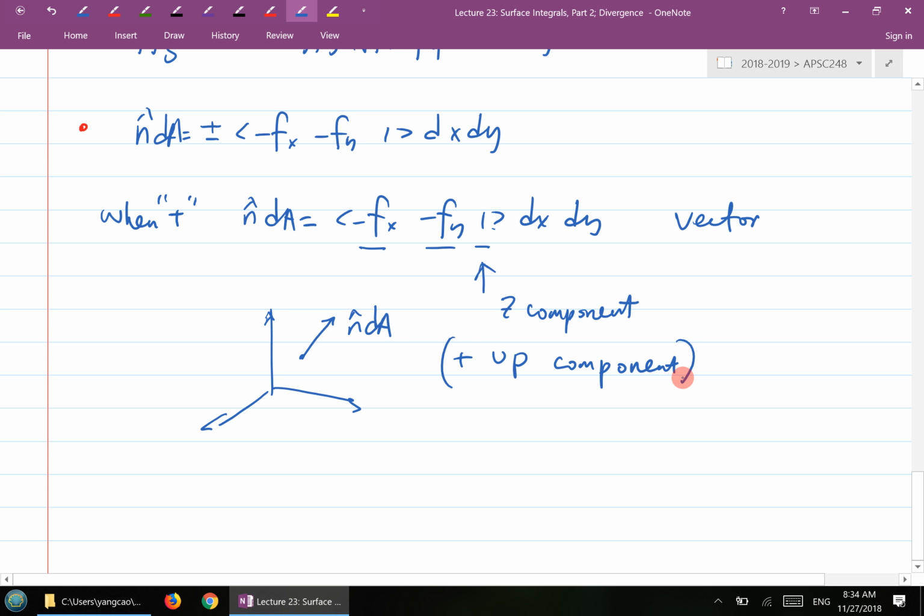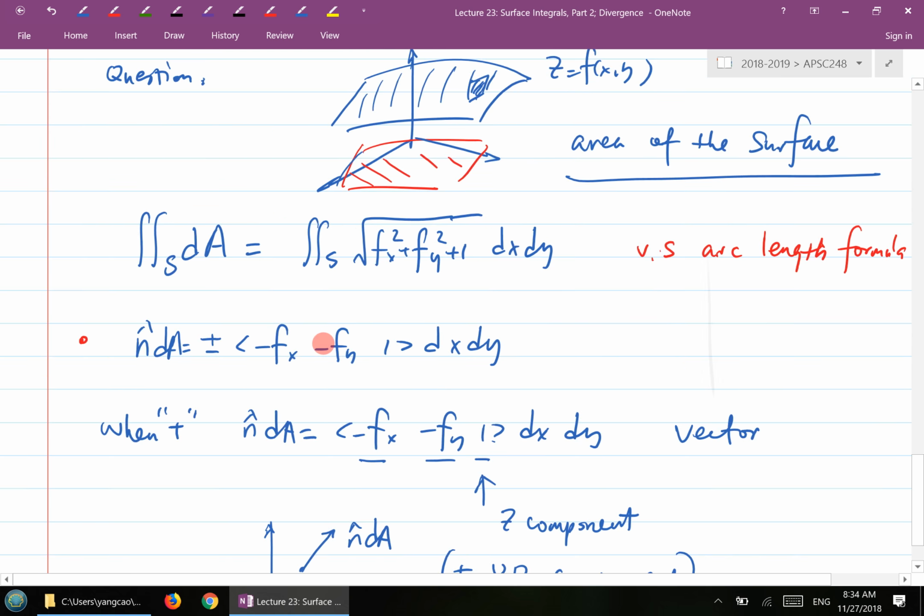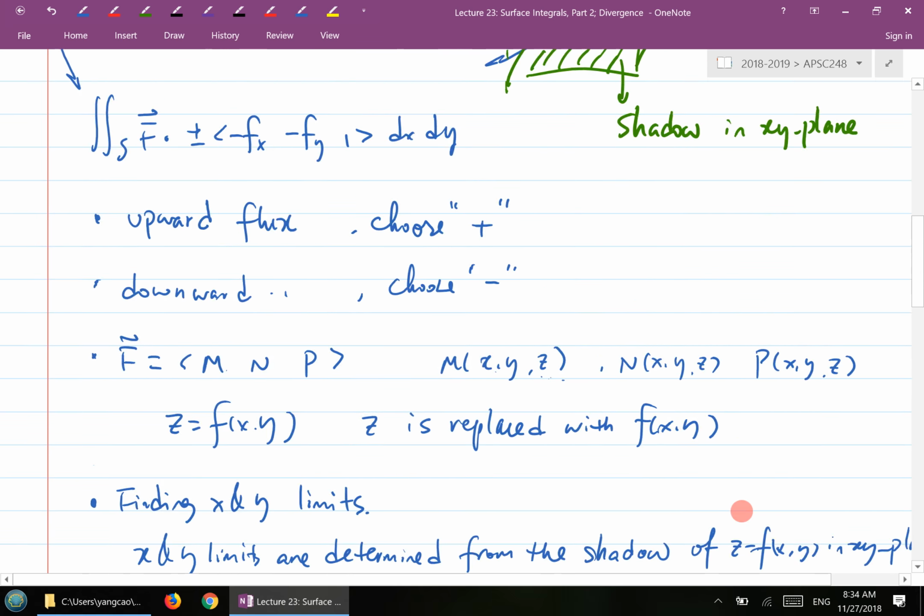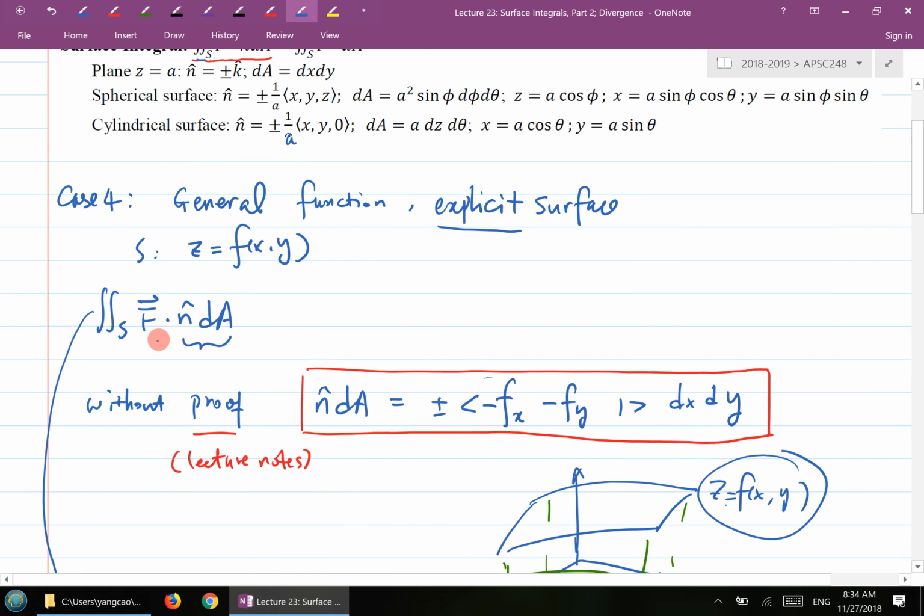And that essentially is the reason why, if you're required to calculate upward flux, you use this positive sign here. What this formula does is project this F into the direction given by the n hat, and that's what F dot n hat means. F dot a unit vector is projecting F into that direction.